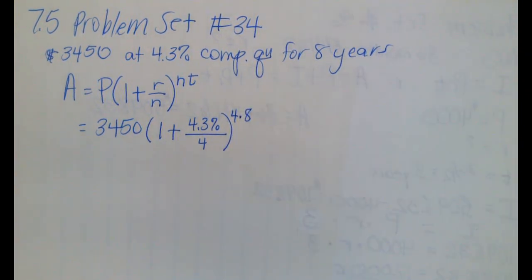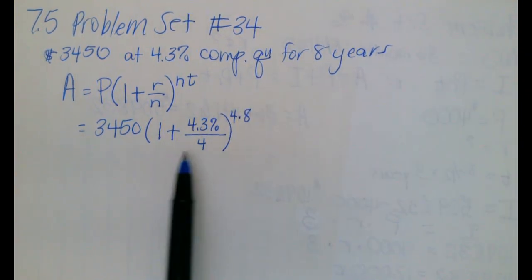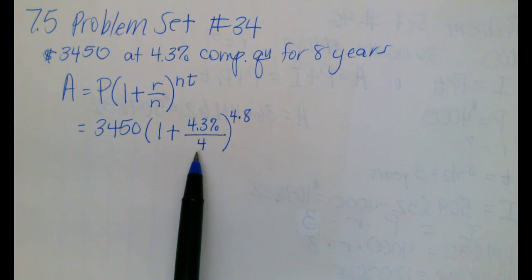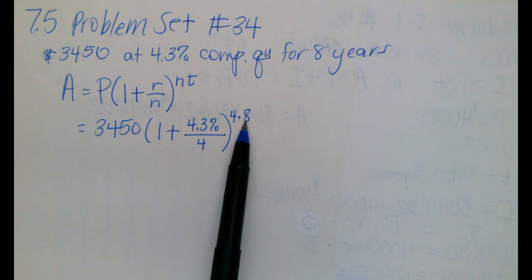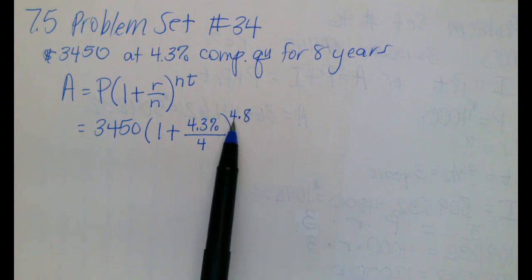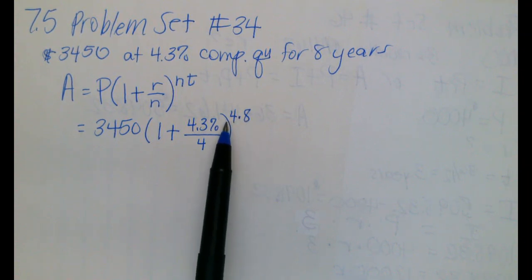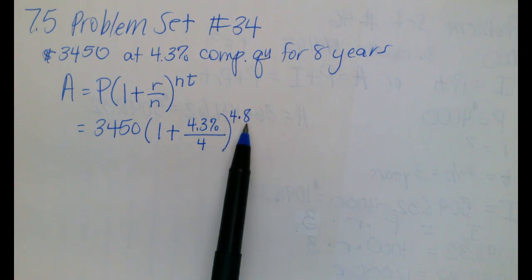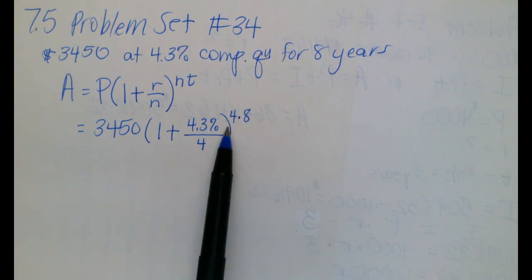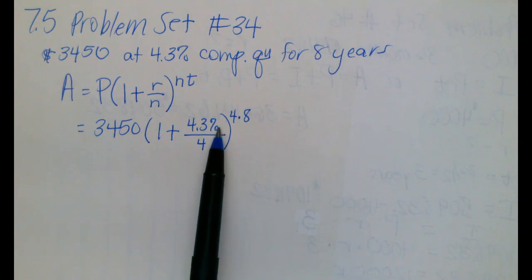So time is still in years. This is how many times per year. How many years versus how many times per year. You need to write that down. How many years? How many times per year?